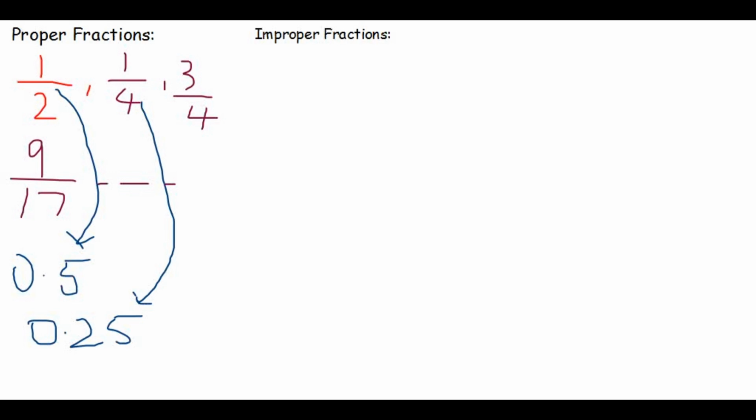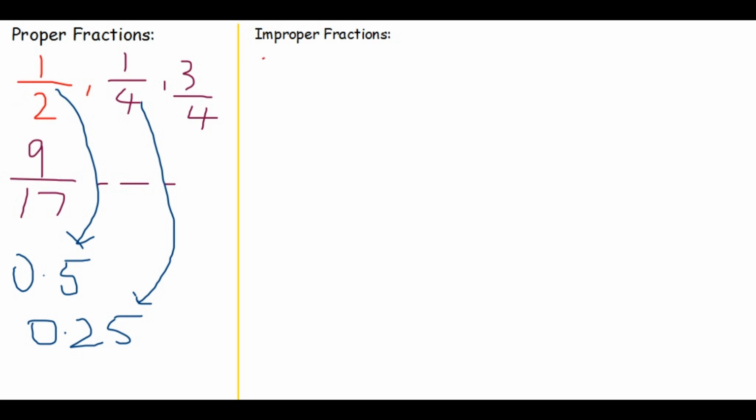Another fraction I want to teach you is the improper fraction. So what is an improper fraction? An improper fraction is a fraction that has the numerator higher than the denominator, which is kind of the opposite of a proper fraction. They have their numerator higher than the denominator, or they have their numerator equal to their denominator.